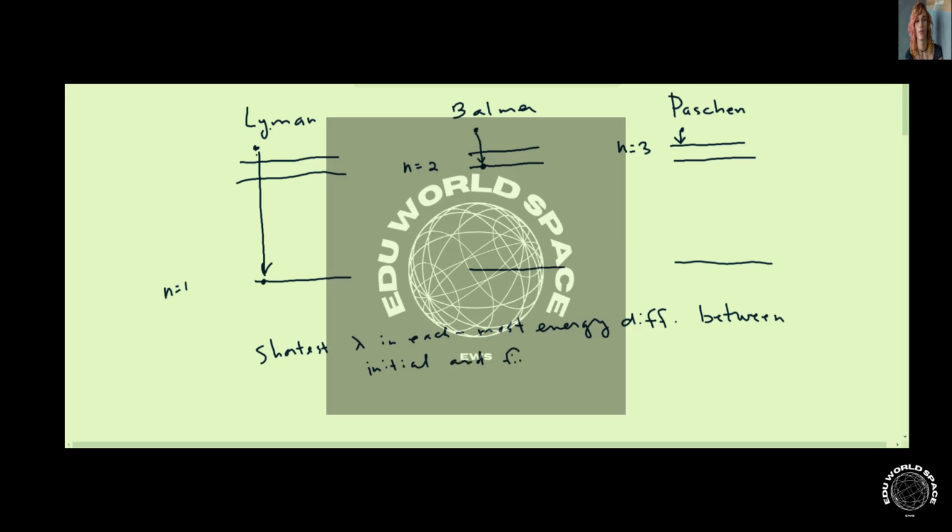So where do these all start if you have the greatest energy difference? What the initial state turns out to be is what's called the vacuum limit, with the idea that the electron becomes free from the binding of the proton with n going to infinity.